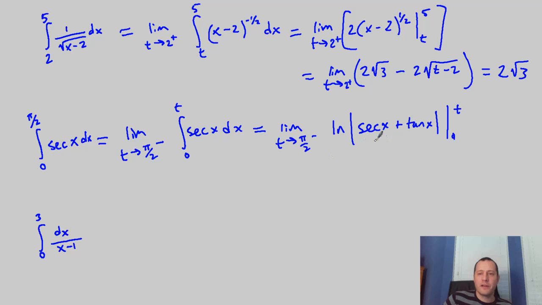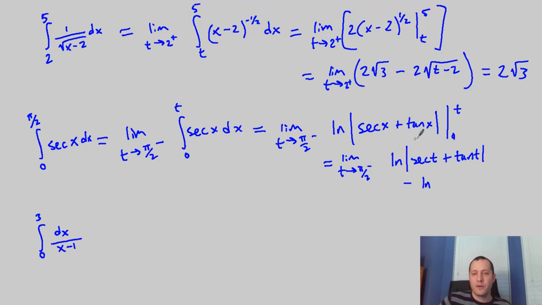So when we plug in t, let's take that limit still. We're going to get the natural log of the absolute value of secant of t plus tangent of t minus the natural log of the absolute value of secant of 0, which is 1, plus tangent of 0, which is 0.